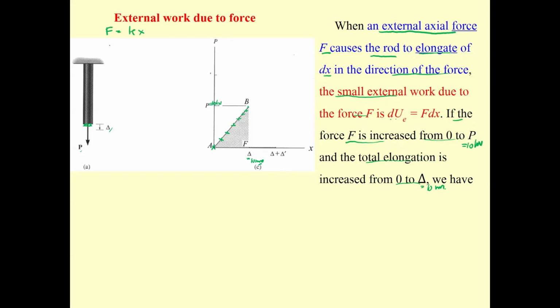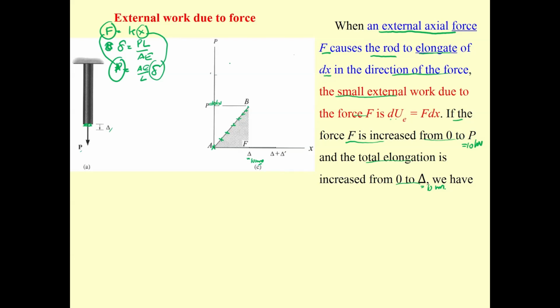Actually, it's going to be delta equal to PL over AE. Then P is going to be AE over L times delta. P is similar to the force, delta is similar to the deformation of the spring. So AE over L is going to be the stiffness of this member, like the spring.